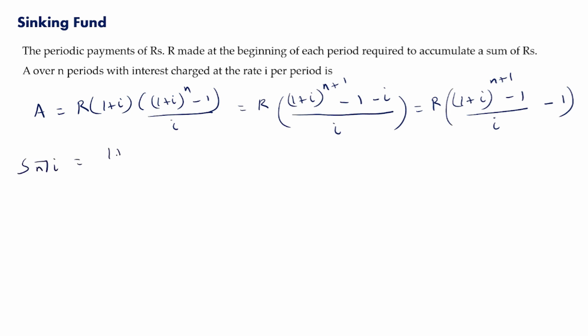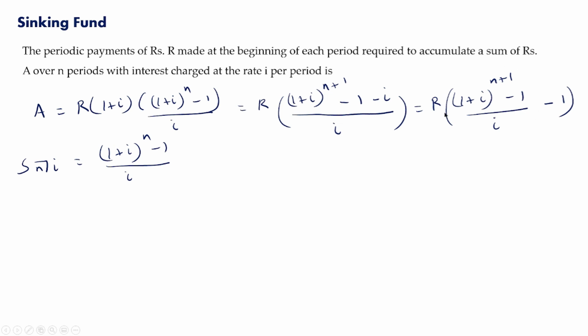Now we just now saw the future value annuity factor. It is given by [(1+i)^n − 1]/i, the future value annuity factor for n number of periods and interest rate per period i.